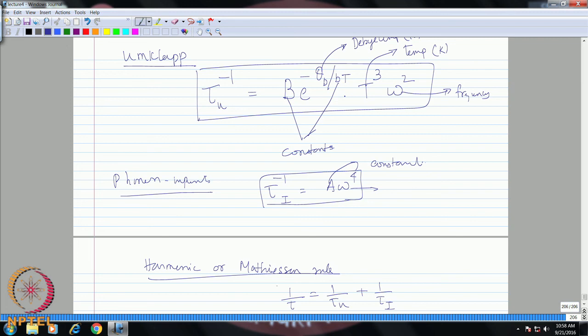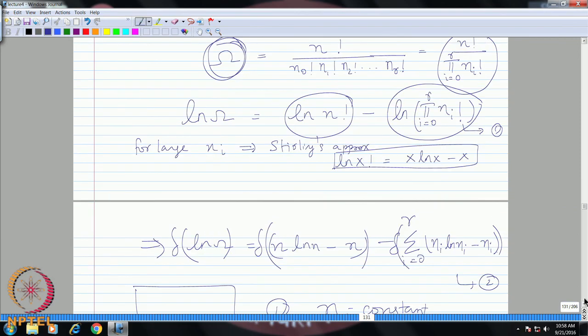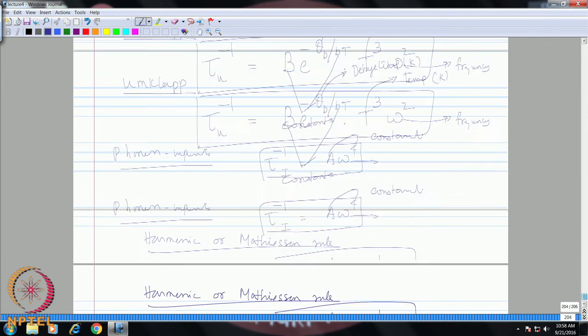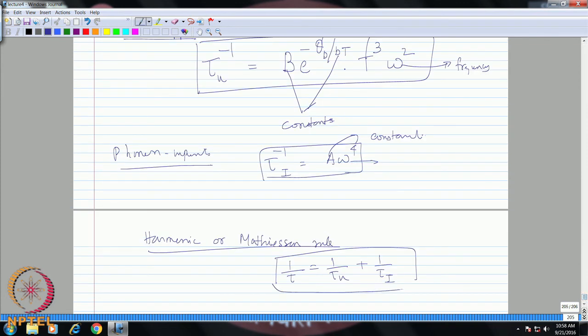Okay. Using the Matthiessen rule, which is the harmonic mean of the different relaxation times, you can get your final relaxation time and substitute into the Boltzmann transport equation. Okay. So, we will stop here.